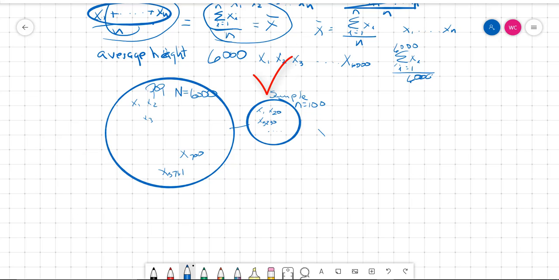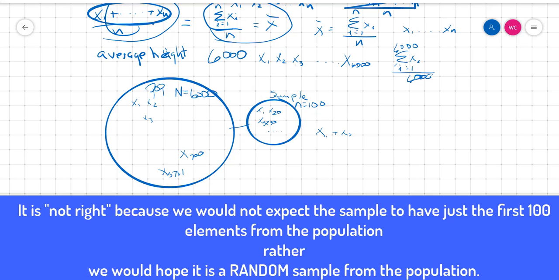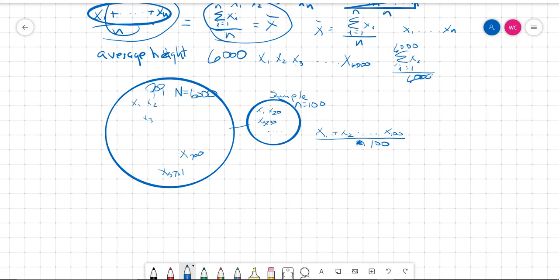I'm going to say it's x1 plus x2, and so on, for the 100 people. So we're going to take the 100 people and calculate their mean, and we're going to call that x bar, like we said.